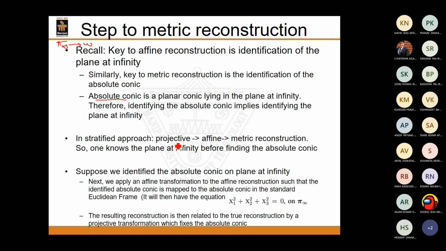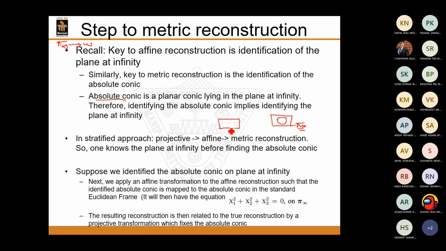So let's say this is my pi infinity, the plane at infinity, and let's say I have an absolute conic here, right? Now, instead of computing the actual absolute conic present in pi infinity, that is in the 3D space, I instead just try to compute an image.